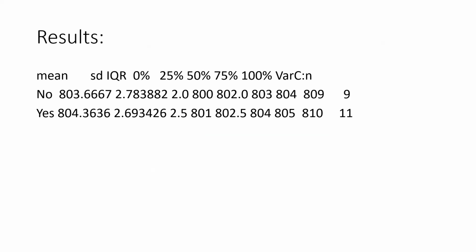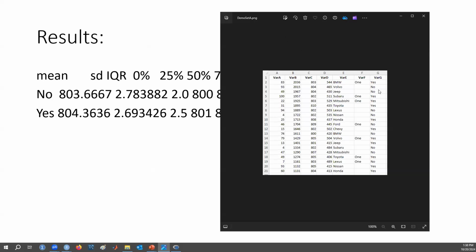So let's take a look at our data again here. If we were to look at our data and we were breaking down all of the corresponding values for variable C as designated by categories within variable G, whether it be yes or no, this is the outcome. So for example, for yes, we would take this value here in variable C, these values here, this value here, this value here.